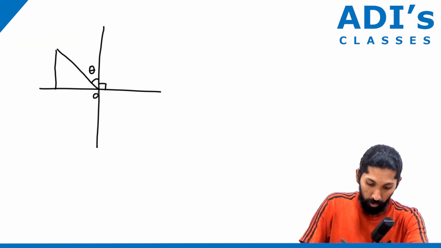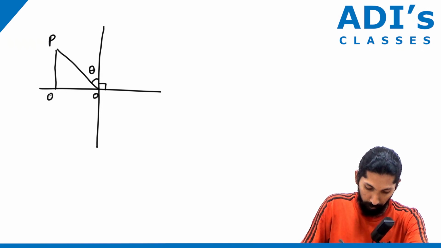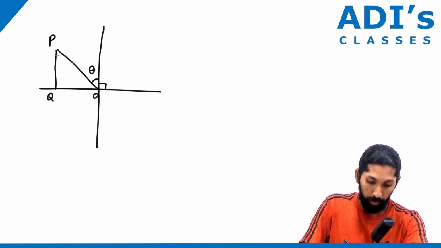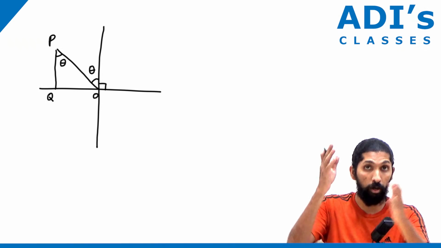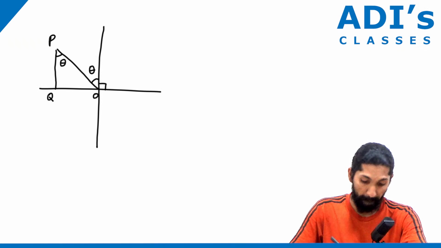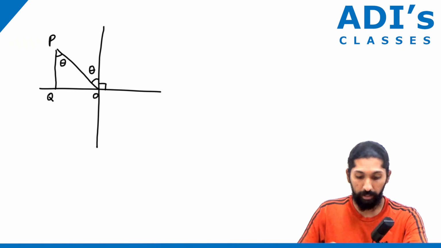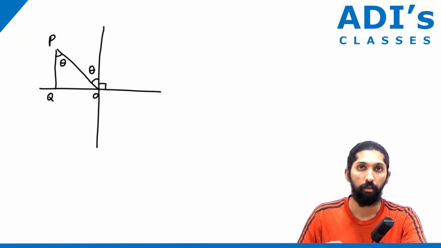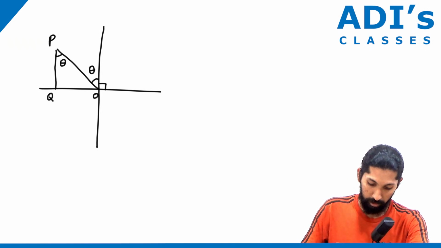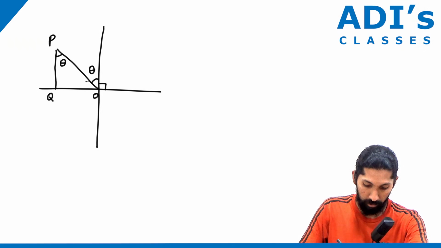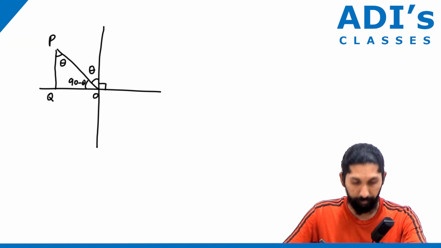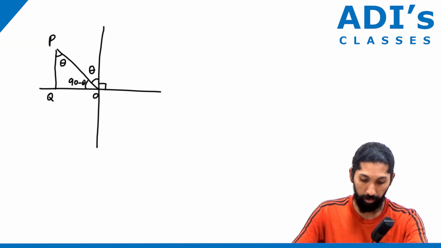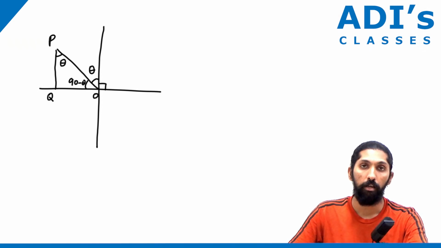So this is O, say this is PQ. Now OPQ will also become theta because of alternate angles, right? So this is 90 plus theta, and this is going to become 90 minus theta.